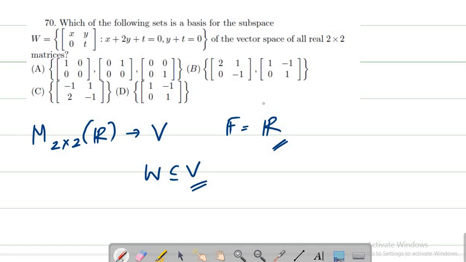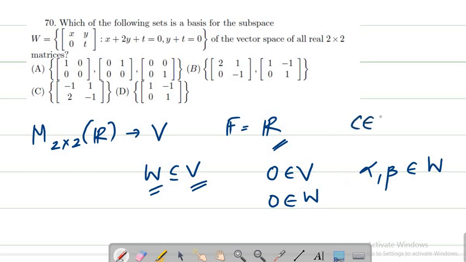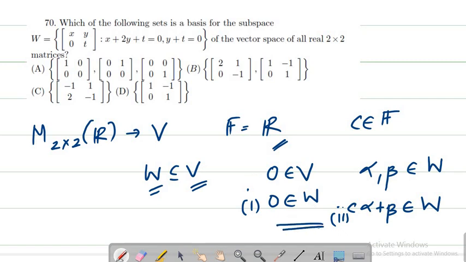If you recall how to check whether a particular W is a subspace of V, there is a simple technique: the additive identity in V should also be inside W, so 0 should belong to W. Also, if you take two vectors alpha and beta from the subspace W, and you take a c from your field, then it's enough to check whether c alpha plus beta belongs to W. These are the two conditions which we require to check whether a particular space is a subspace of a vector space or not, so you must keep these in mind.